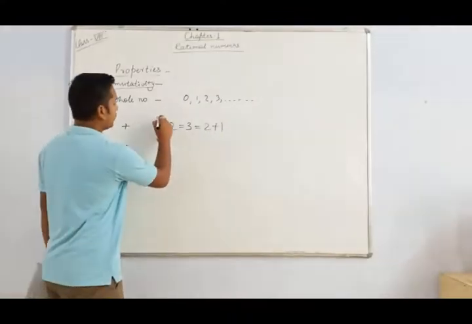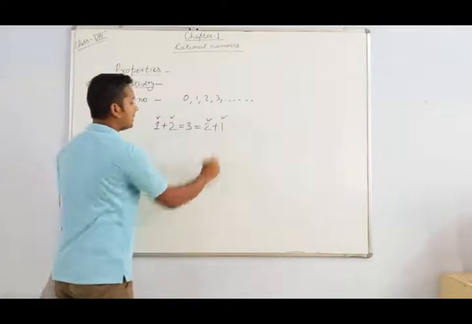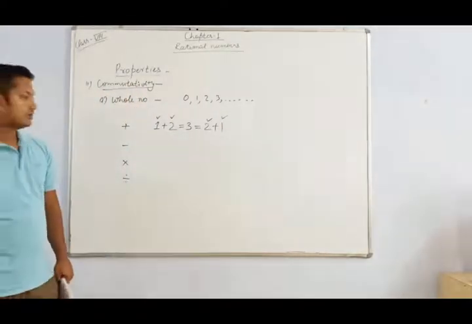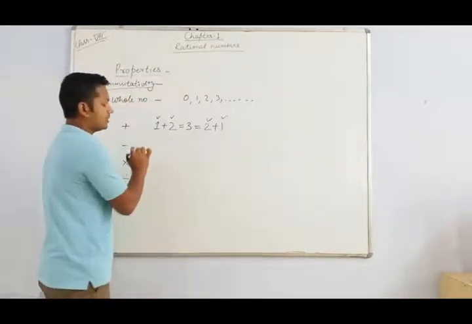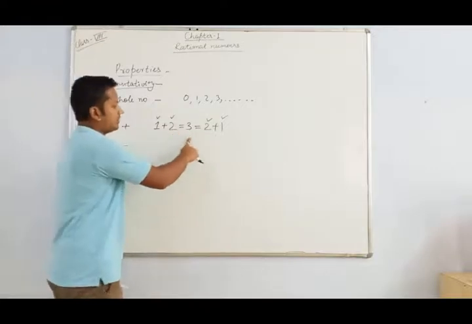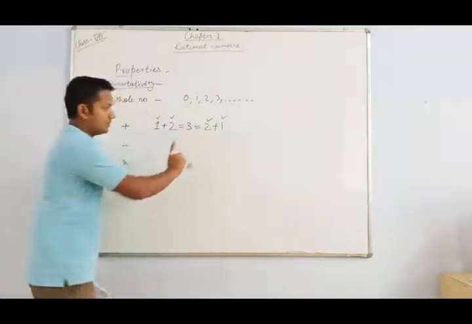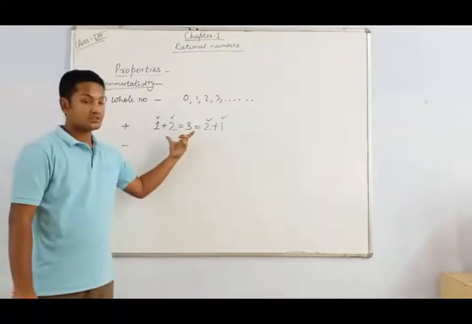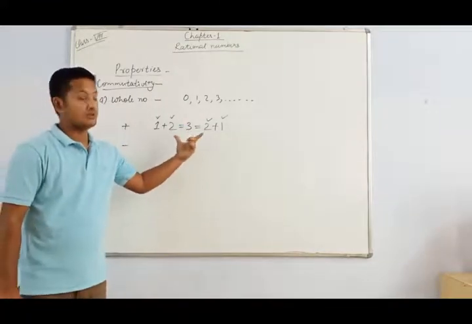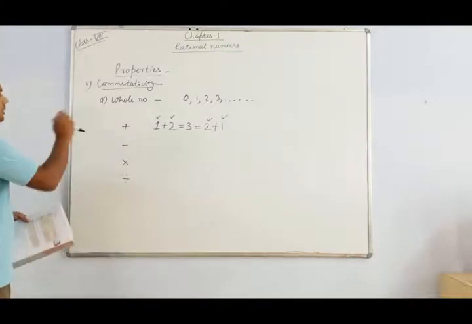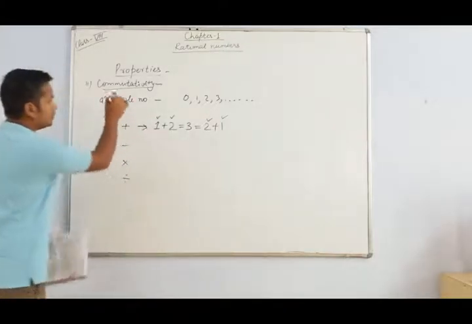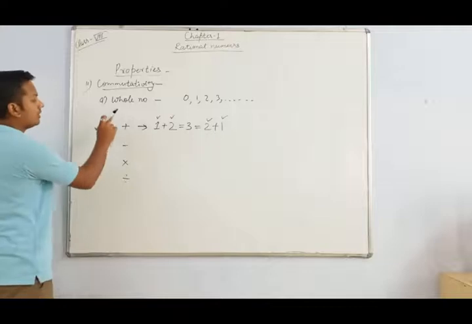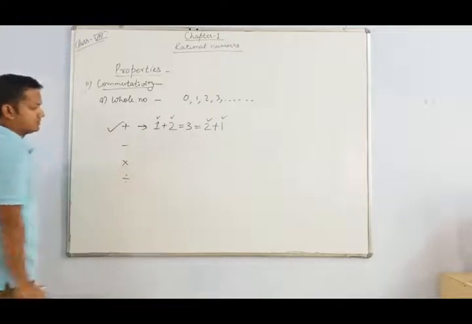That means the position of the numbers is interchanged. The 1 came in the first place in one, but in the second it came in the second place. So here it is commuting. So you can say that whole numbers follow commutativity for the operation of addition.